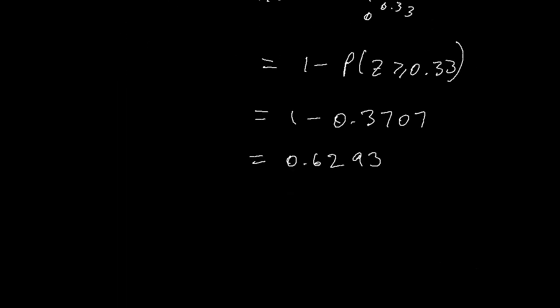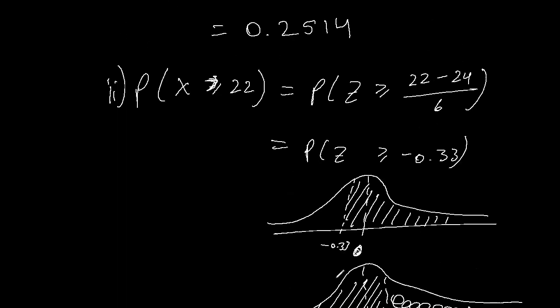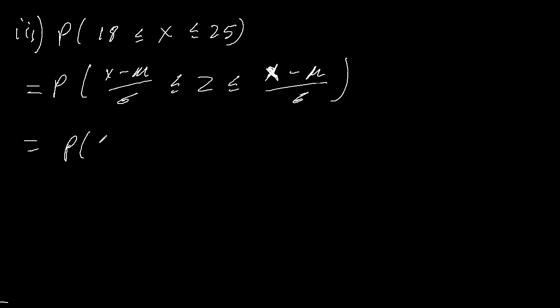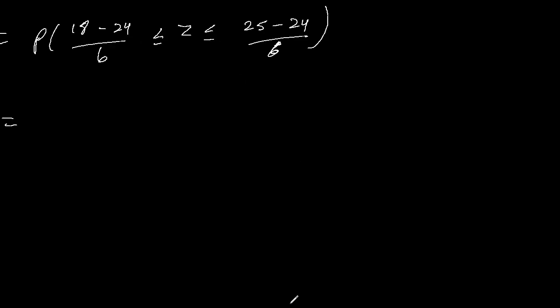Let's do another question pretty quick, where I have to calculate P of x lying between 18 and 25. P of 18 minus 24 over 6 less than or equal to z, which is less than or equal to 25 minus 24 over 6.